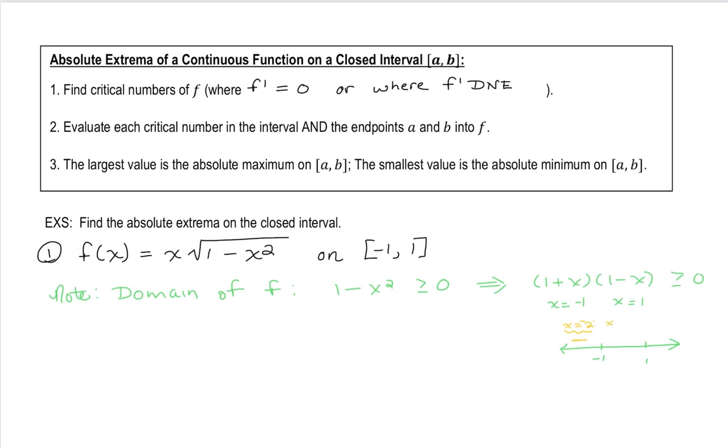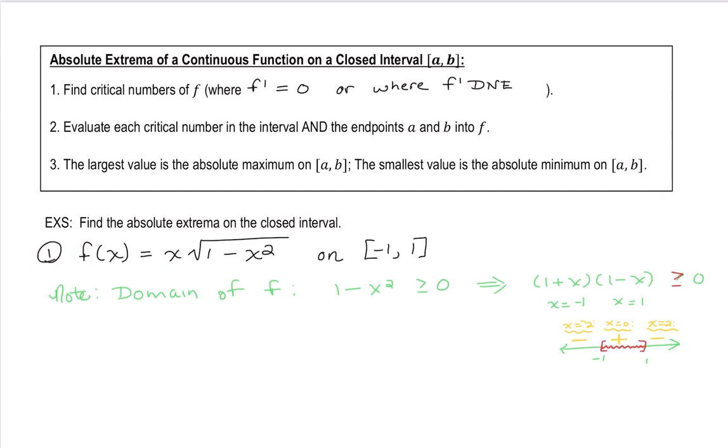Now, if you subbed in something in between, like 0, you would have 1 minus 0, which is 1, and that is greater than or equal to 0. And then if you subbed in something bigger than 1, like 2, you'd have again 1 minus 4, which is negative. So we need where it is positive. In order to be defined, we want where it's greater than or equal to 0. And so these are all of the values that would be in the domain of f.